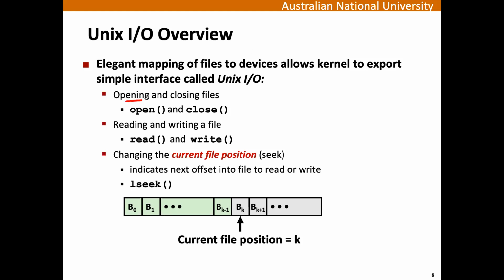The API we have is very simple. We need to open the file to tell the kernel that we want to do something with the file. We want to access the contents of the file. We want to read or write to the file. We have the read-write API. These are system calls.